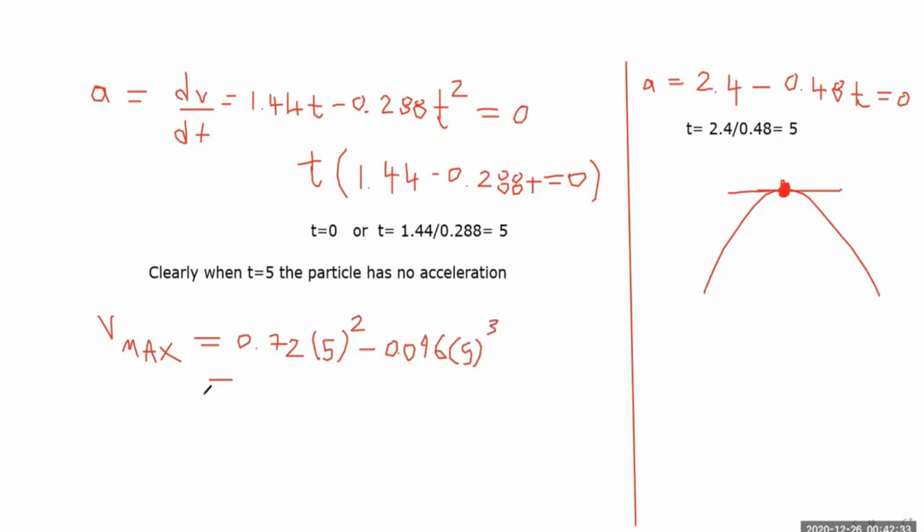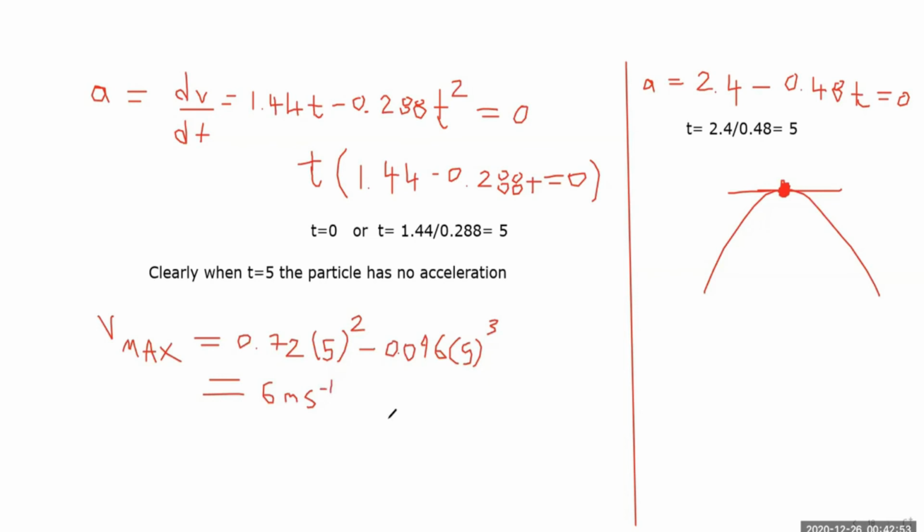So let's work this out, and that gives us V max. 0.72 times 5 squared minus 0.096 times 5 cubed, that is 6. So the maximum velocity is 6 meters per second.